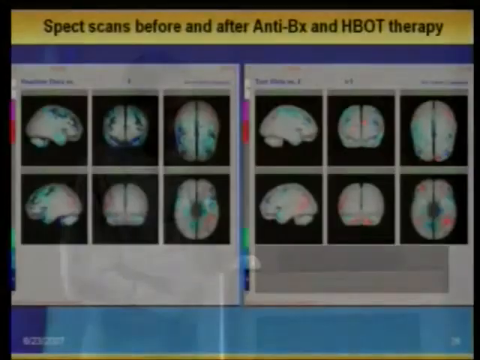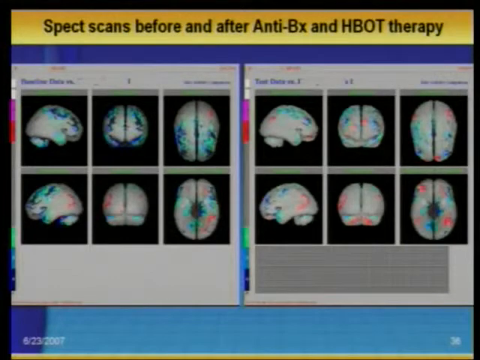And here's the message of hope about somebody who's diagnosed with Lyme disease. Notice there's a lot of blue areas over here. And this person, this is before hyperbaric oxygen therapy. This is after she had antibiotics and hyperbaric oxygen therapy. There's less blue area.